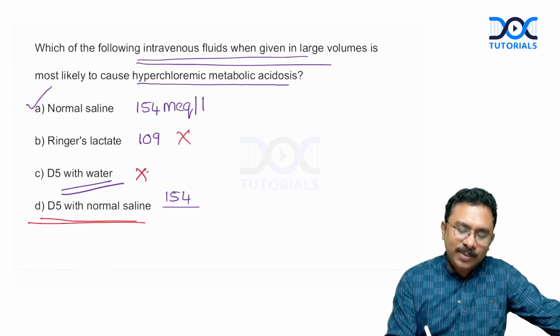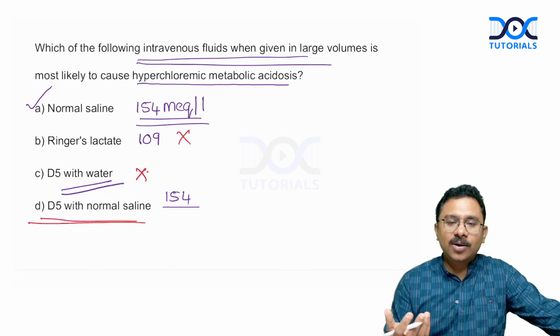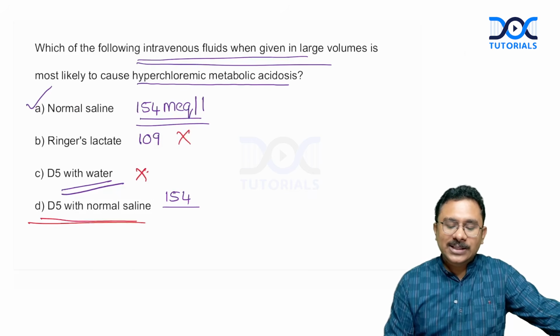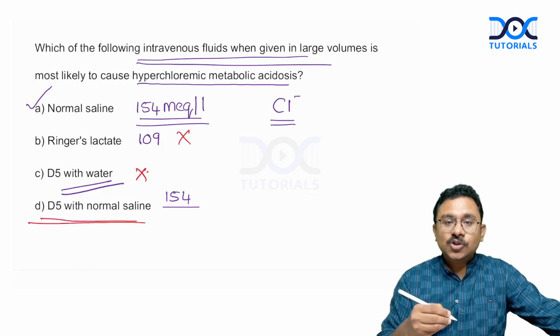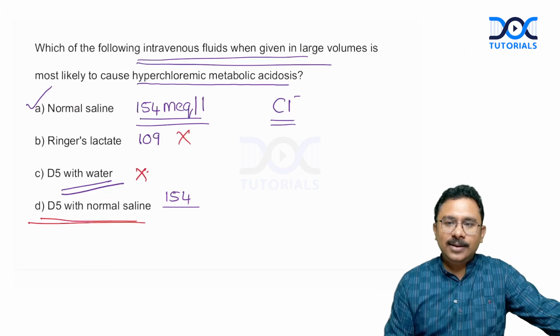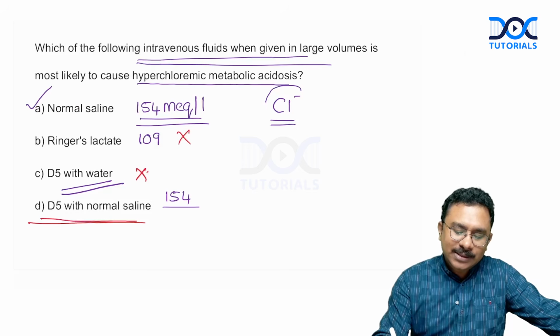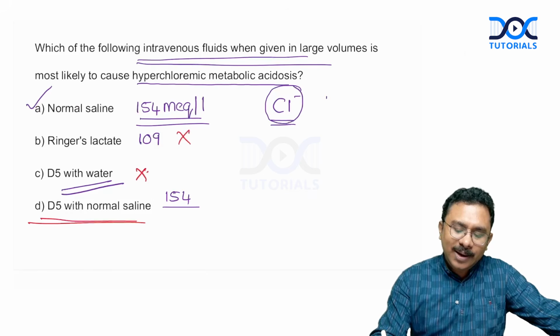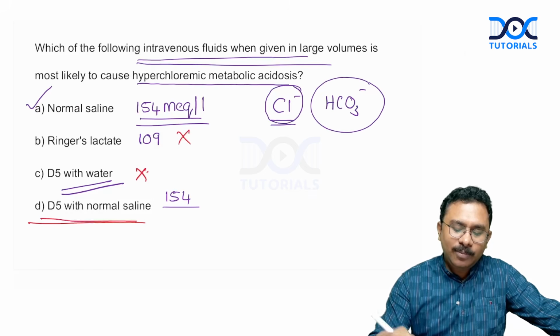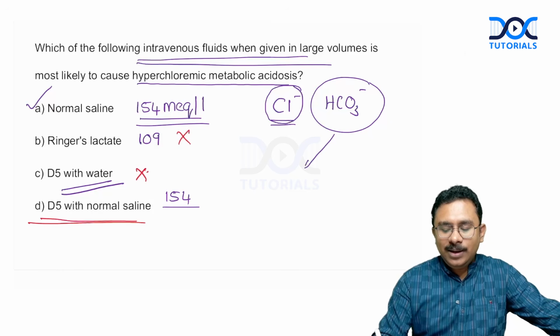When you give normal saline, you've got chloride in the concentration of 154 milliequivalents per liter. With so much chloride, we know that to maintain electroneutrality, the anionic compartment should remain the same. You see here, this is chloride. So the bicarbonate in the body can be eliminated.